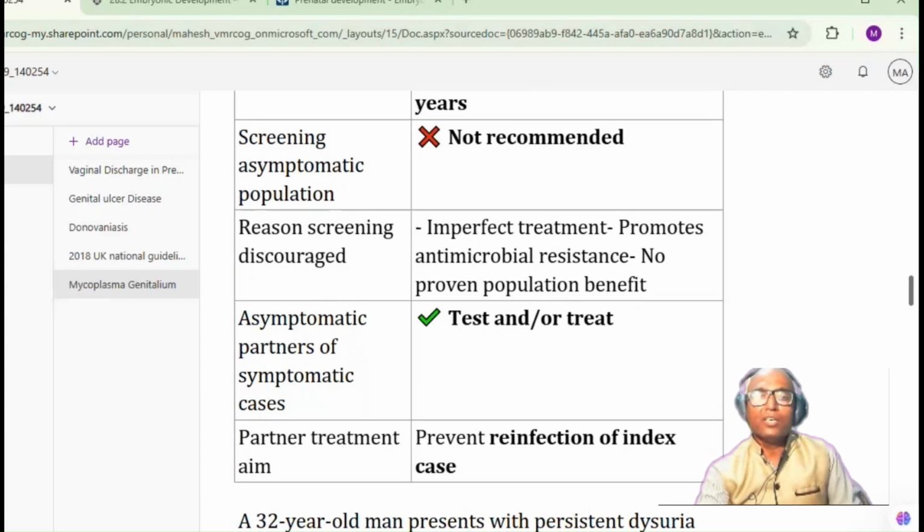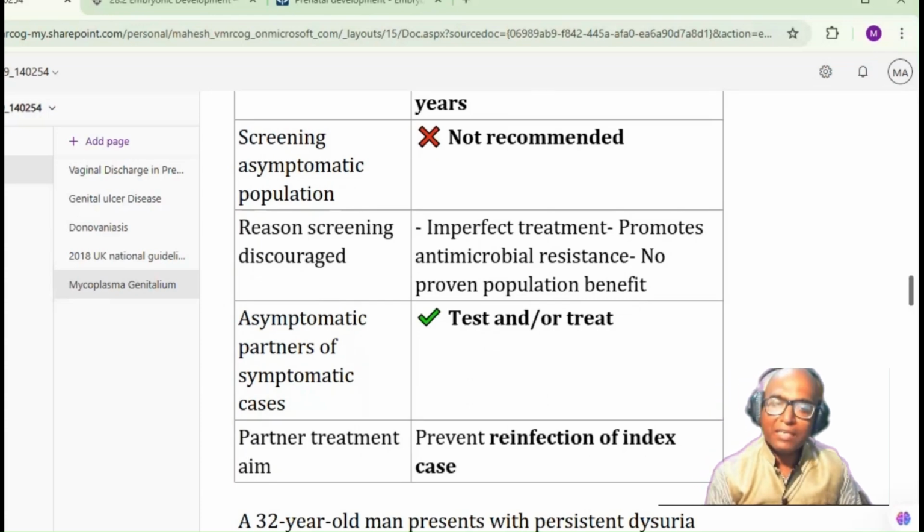So you have an index case and the partner is asymptomatic. You will test and/or treat. Testing is also required and treatment is also required. Partner treatment is for prevention of reinfection of the index case. So why is the partner to be treated? Because the index case should not have reinfection.